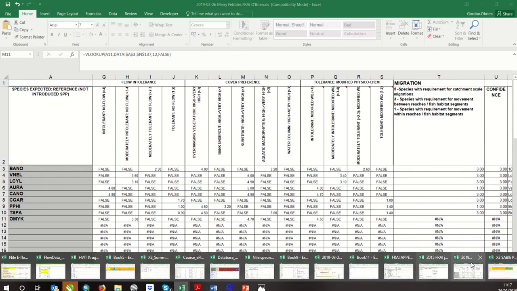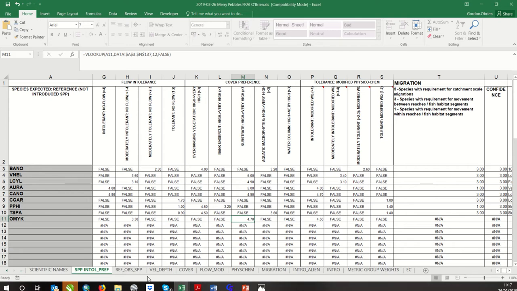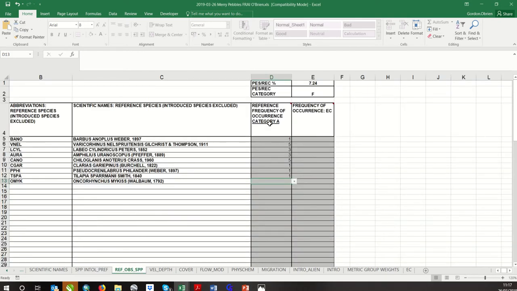And I just want to suggest to you that when you do your assessment, in some cases when you look at your expected frequency of occurrence, if you're working in the lower parts of your rivers that naturally have lower oxygen levels, where the water quality is not as pristine as it would be in the upper catchments, you would consider those species that have very high preferences for water quality and give them a much lower expected frequency of occurrence in the lower parts of the catchment. Are you with me?